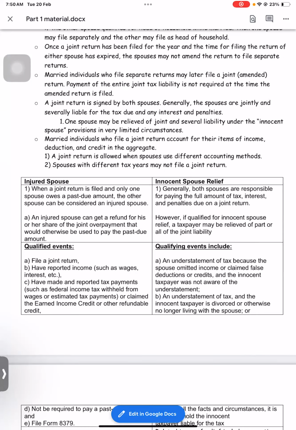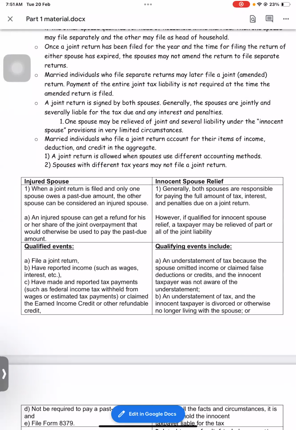What do we mean by injured spouse? When a joint return is filed and only one spouse owes a past due amount. Take the vice versa case. The husband is only working, only earning, and only liable to pay the taxes. Before marrying, if the husband already had some past dues to pay to the IRS, let's say he made some mistakes in a past return when he was not married to this person.